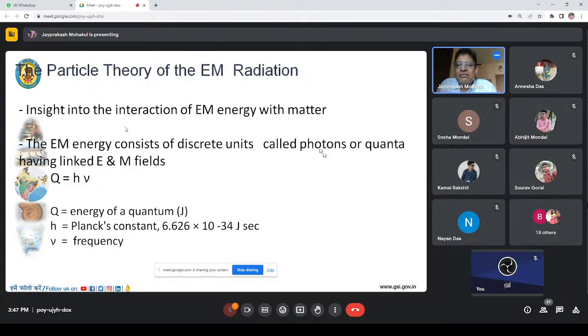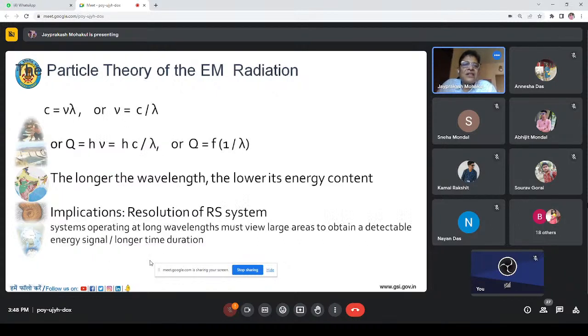How much energy is contained in a photon you can calculate from Planck's constant into frequency, right? So this is the particle theory. I think these are all just to brush up your high school physics knowledge.